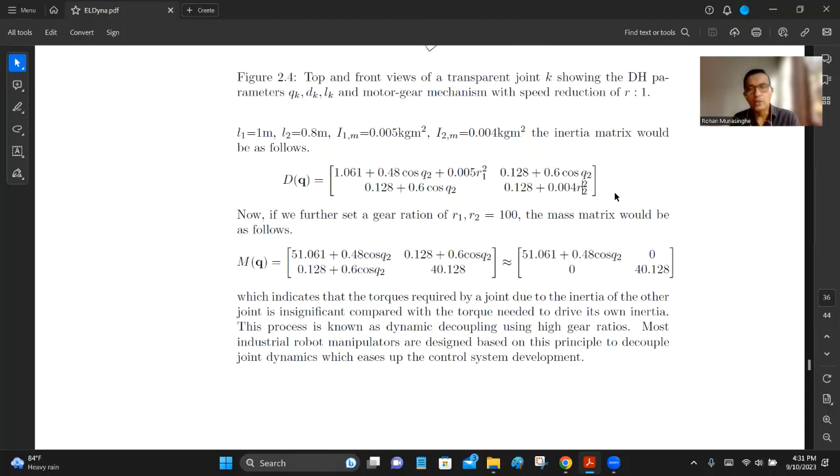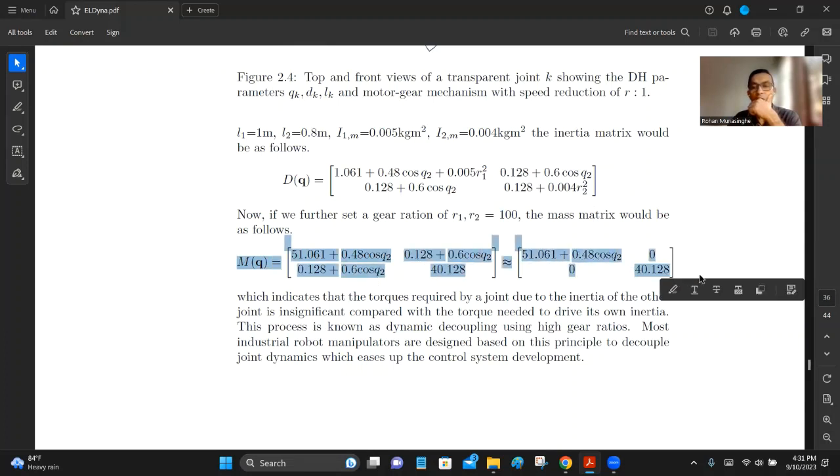You give a value and see for yourself. So if I put, say, R1 and R2 equal to 100, I choose a gearbox of 100 to 1. Then you calculate your mass matrix or D matrix like this.